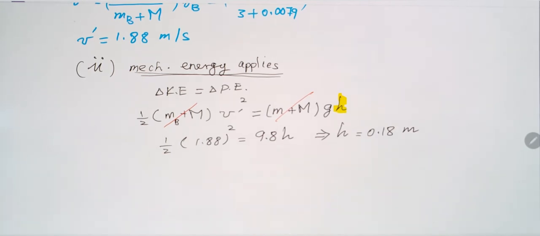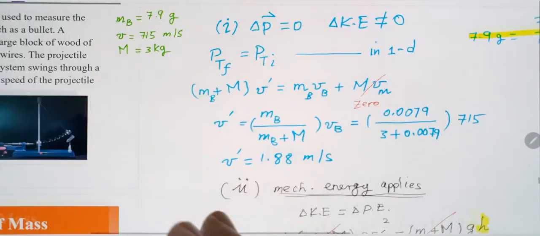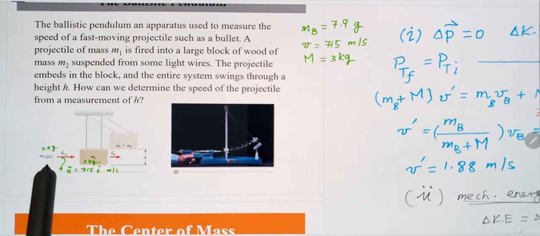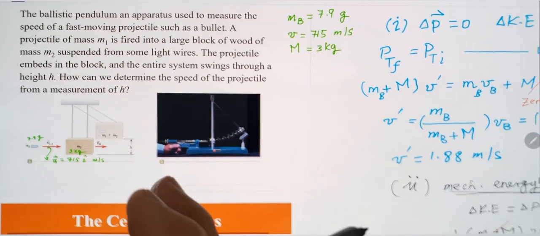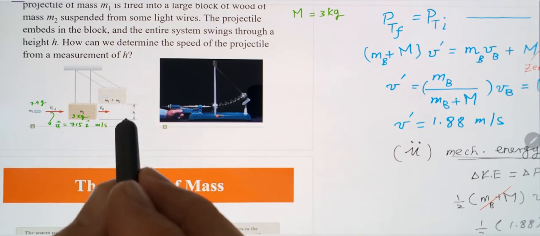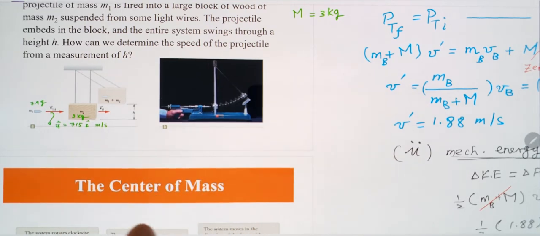So when we shoot the bullet on that ballistic pendulum, in this situation the ballistic pendulum is 3 kilograms, the bullet is 7.9 grams, speed is 715, the height of the ballistic pendulum will be 18 centimeters.